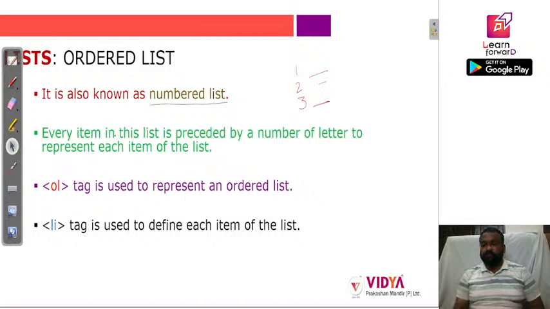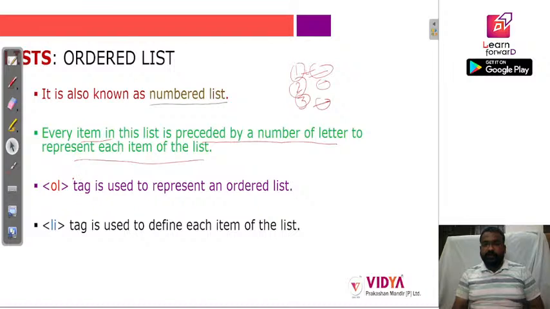That's why it is called a numbered list. In this, every item in the list is preceded by a number or letter to represent each item of the list. That means whatever the item would be, it would be preceded by a particular number that tells that this is part of this particular ordered list.